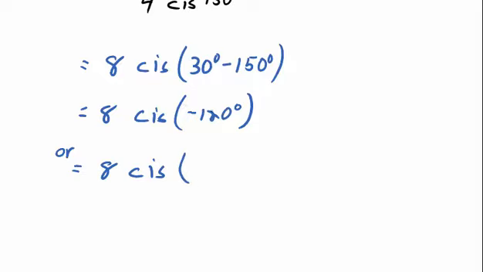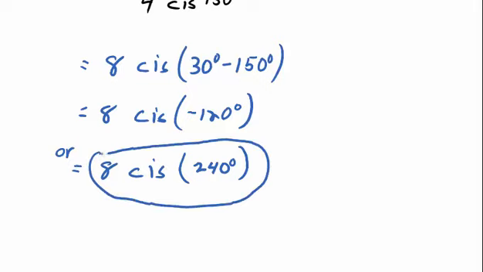If you add 360 to negative 120, don't you get positive 240? And if you take the cosine and sine of 240, you get the same numbers. So careful what we're saying here. Negative 120 and 240 are certainly different angles, but they have the same terminal sides. So when you take the cosine and sine of them, you get the same answer. So either answer works. Does that make sense? So to go from, say, negative 120 to 240, I added 360 degrees. That's all I did.